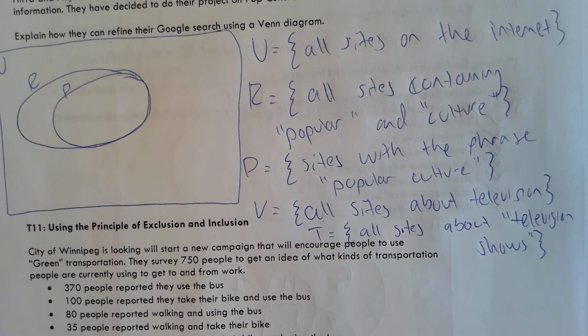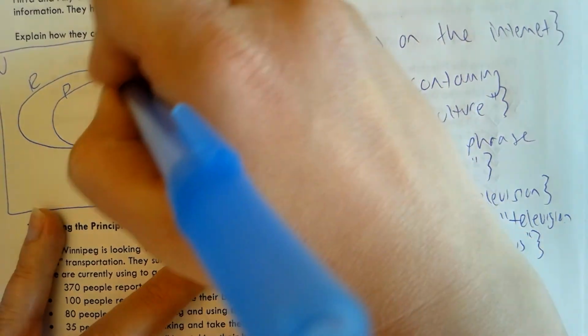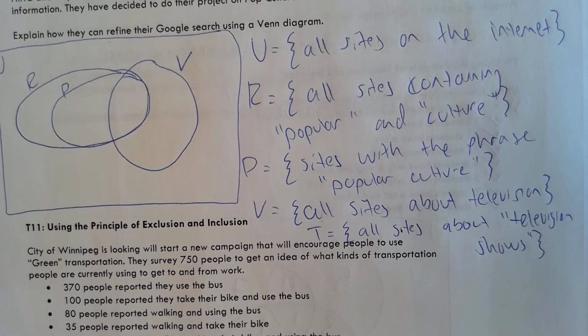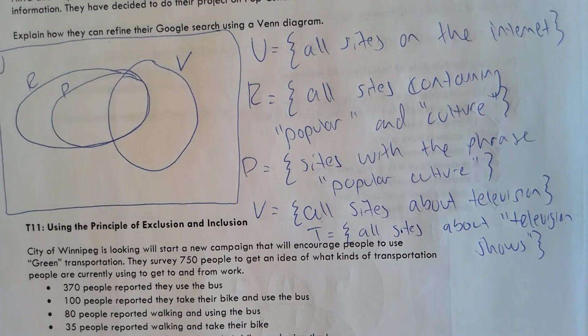And then let's just try and finish off our Venn diagram here. So there's certainly going to be some overlap between television and this popular culture stuff. There's going to be some stuff that doesn't overlap, like documentaries wouldn't really be popular culture, and news really wouldn't be popular culture. So let's call this V over here, where that's just television stuff.